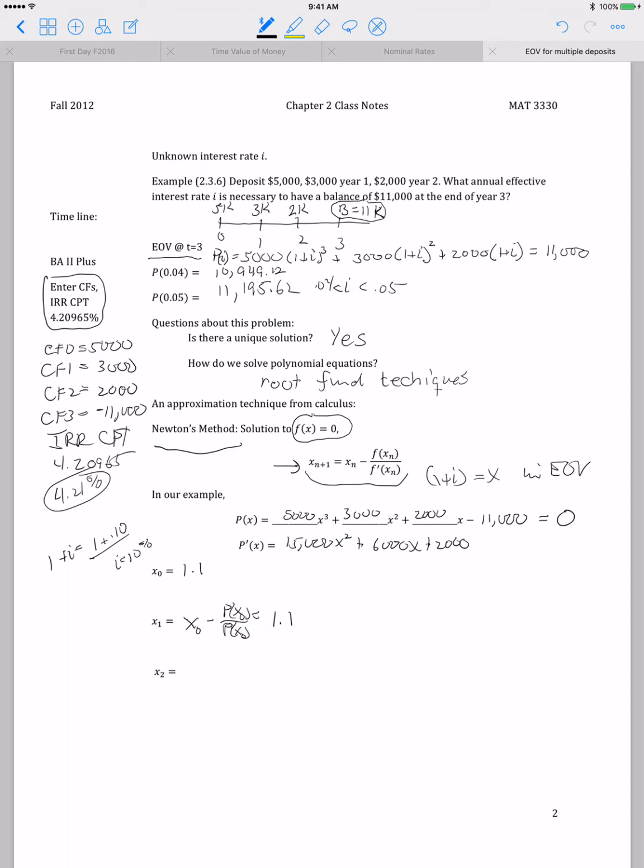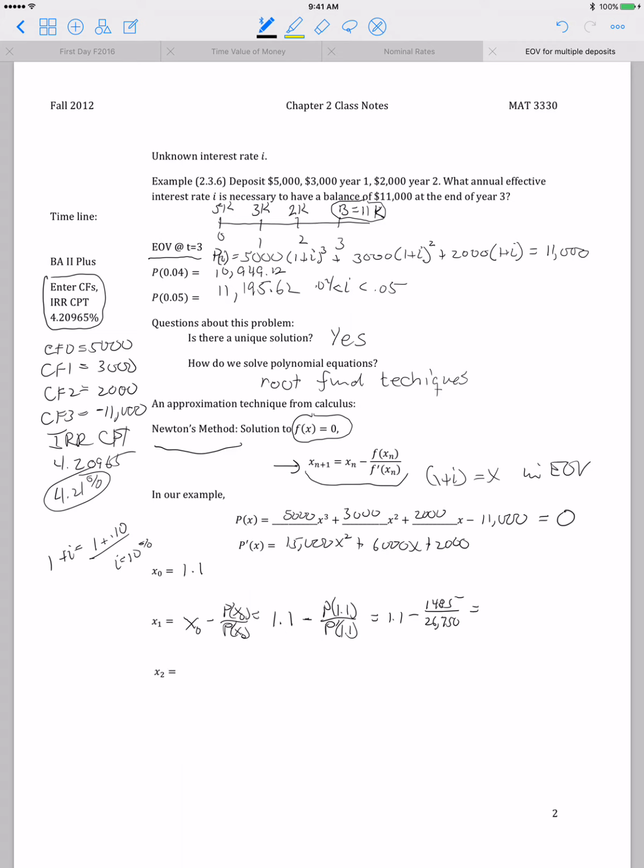So it's equal to 1.1 minus p, the polynomial evaluated at 1.1, over the derivative evaluated at 1.1. And I have an expression for the polynomial and its derivative above, and you can do those calculations on your calculator, and you'll get 1.1 minus 1485, that's the polynomial evaluated at 1.1, divided by 26,750, that's the derivative evaluated at 1.1.